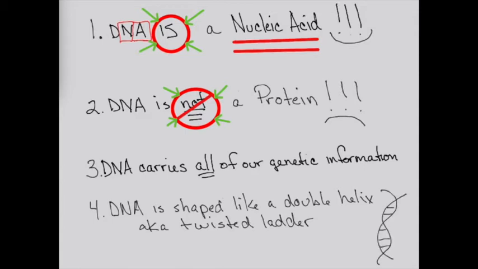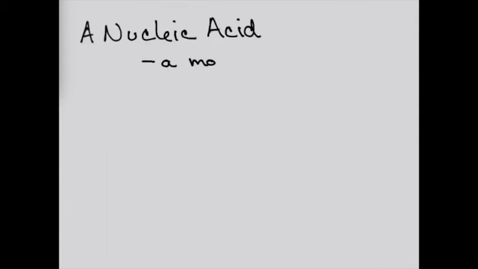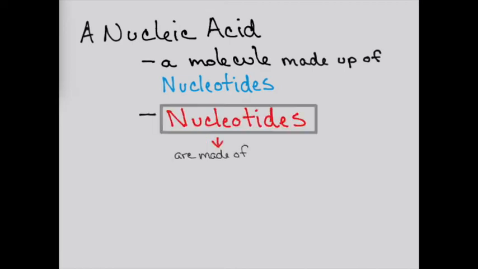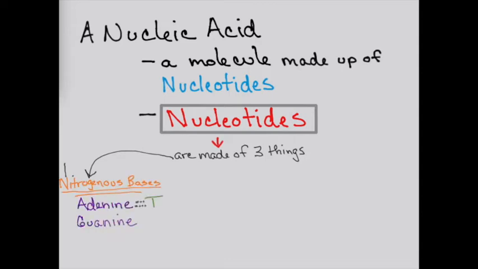That twisted ladder. I want you to remember that DNA is a molecule, and it is composed of these groups called nucleotides. A nucleotide has three parts. There is a nitrogenous base, it's all about that base.